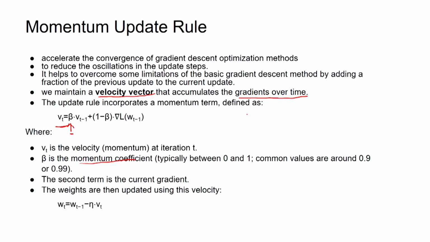In this way, we first calculate the velocity, and then the model parameters are updated. Model parameters here are called weights, because in neural networks, which are again a machine learning technique, model parameters are called weights.